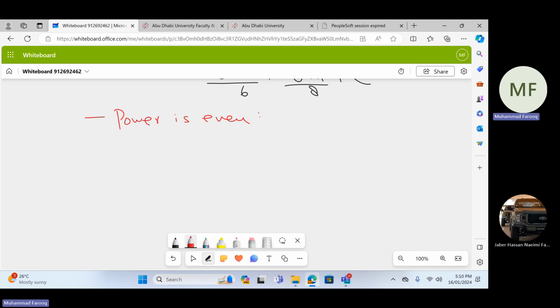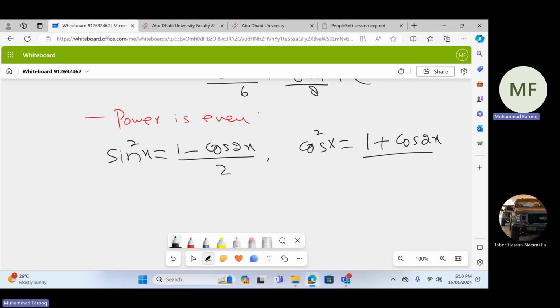So if sine and cosine have even powers, use this identity: sine squared x is equal to 1 minus cosine 2x over 2, and cosine squared x is 1 plus cosine 2x over 2. This is the identity for even cases.